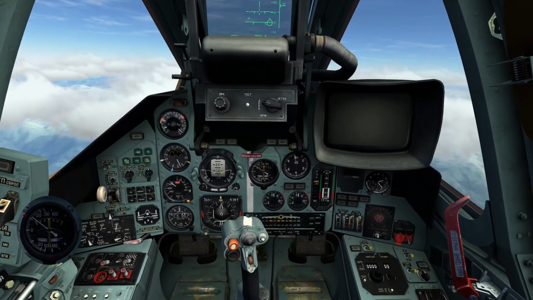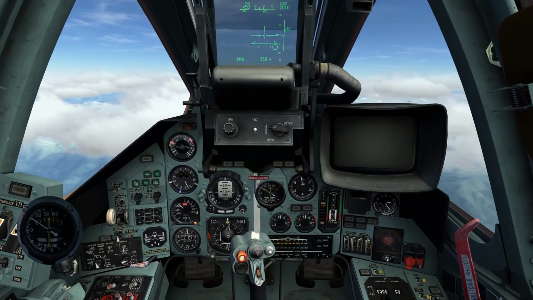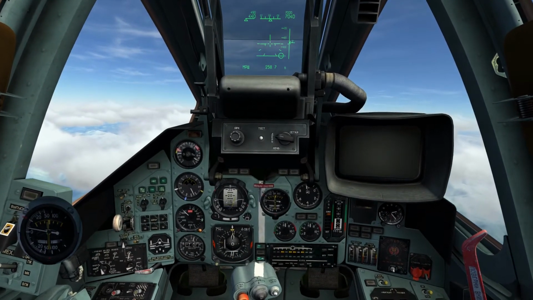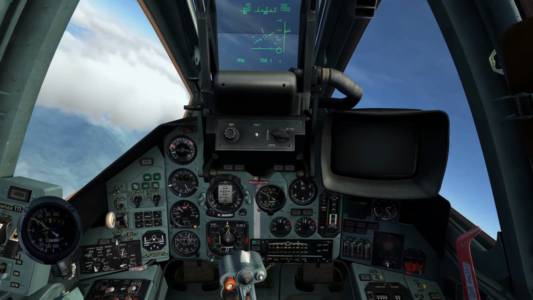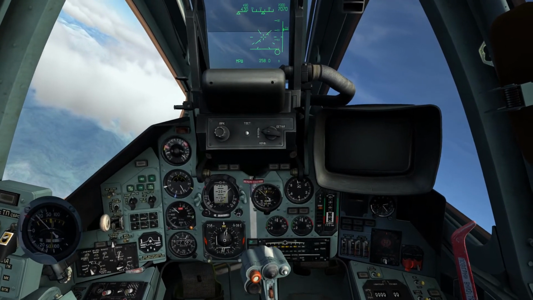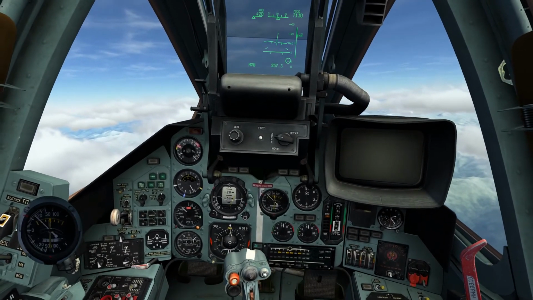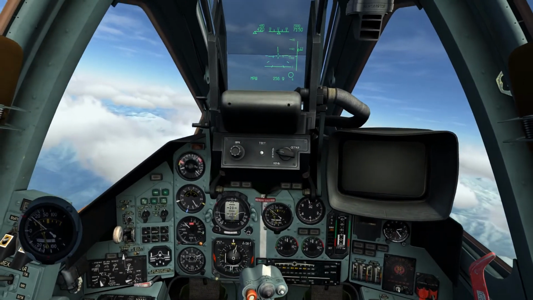So basically, fairly self-explanatory. And we get the ball centered, and such as that.